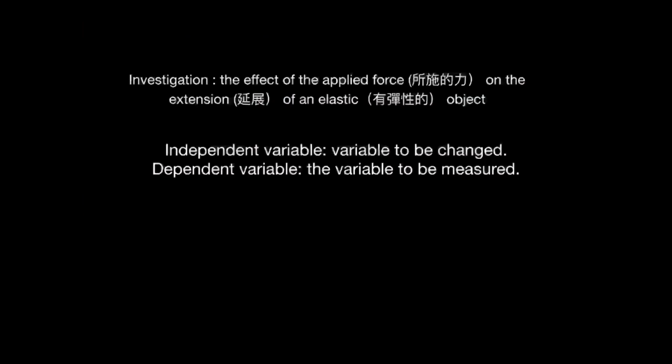And here is the conclusion. What is meant by independent variable is a variable to be changed, and in this case it's the applied force. And then how about the dependent variable? It is what we observe or what we measure as the result, and in this case it's the extension.